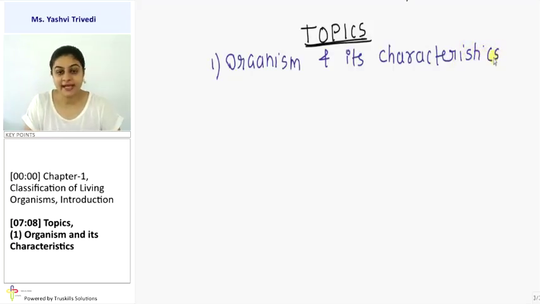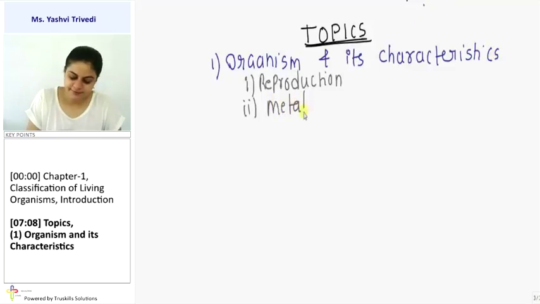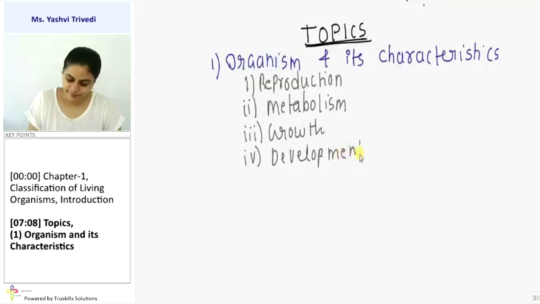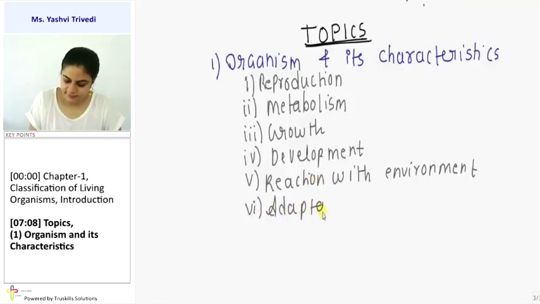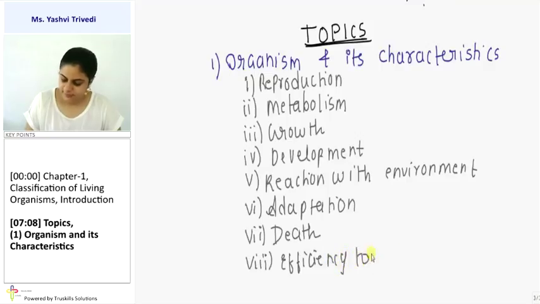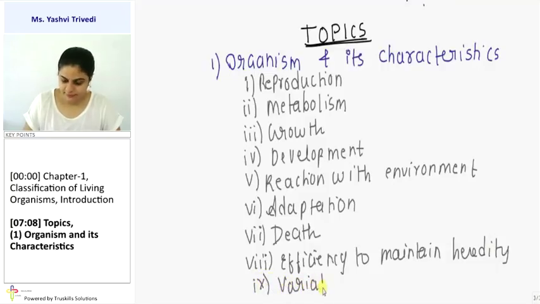So we are going to define an organism, and for that we are going to consider the characteristics of the organism, and those characteristics are reproduction, metabolism, growth, development, reaction with the environment, adaptation, death, efficiency to maintain heredity, variation, organization.